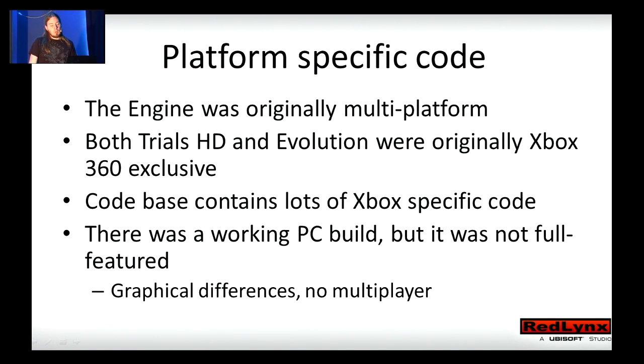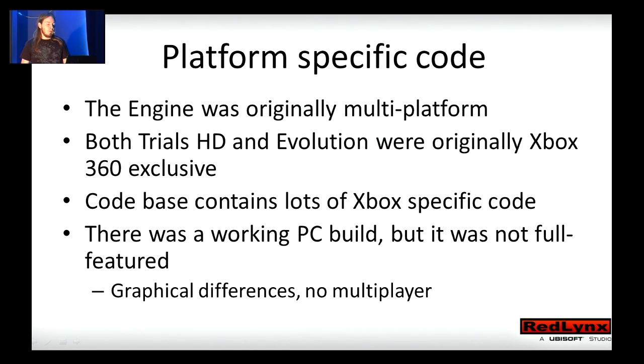A big problem with the PC port especially was that Trials HD was a completely Xbox 360 game. We had a multi-platform engine before that because we were creating multi-platform games for those mobile consoles. But of course, we created a full game and then another game only for Xbox 360.